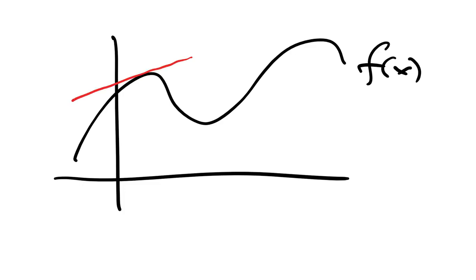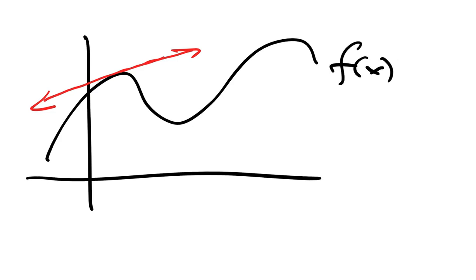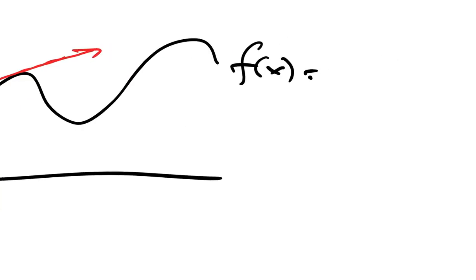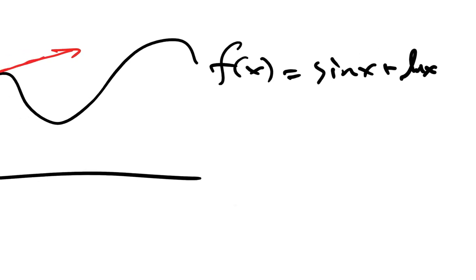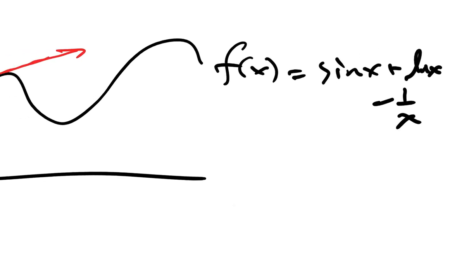In Cal 1 you had some function, f of x, and the idea was to approximate the function using the derivative. f of x may have some nasty looking expression, who knows? f of x = sine x plus ln x minus 1 over x or something crazy.